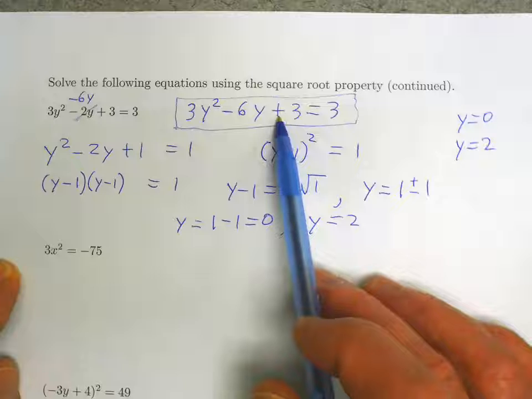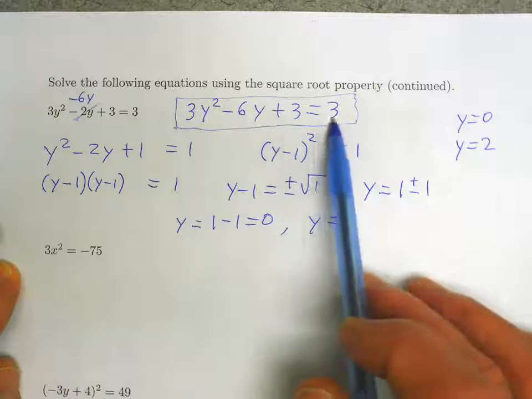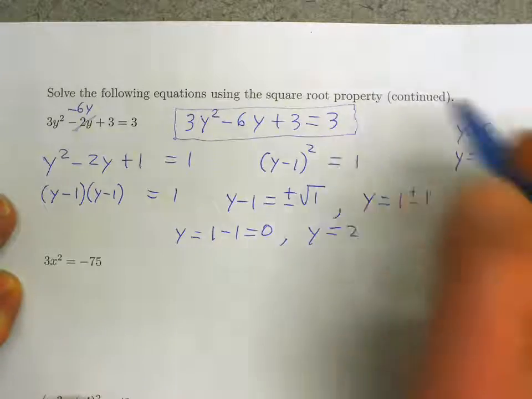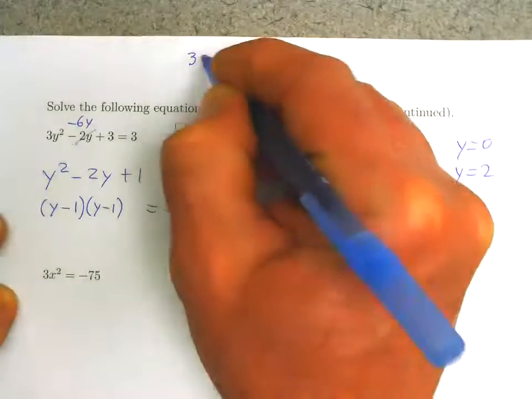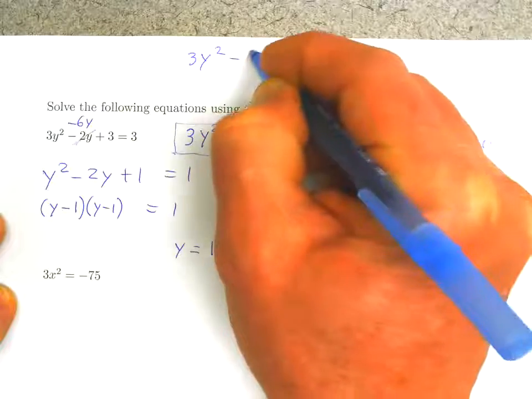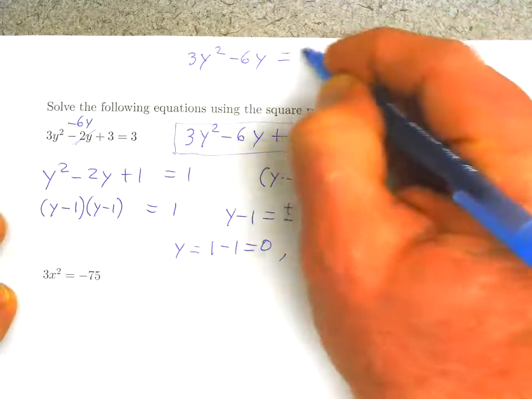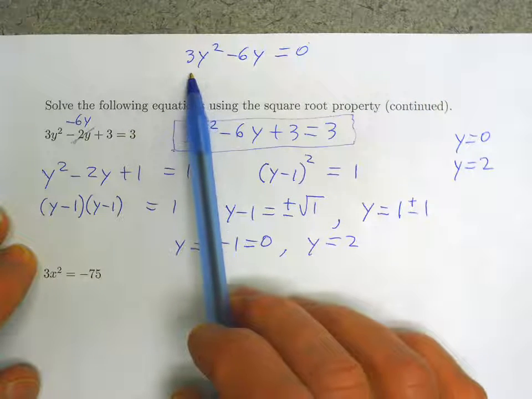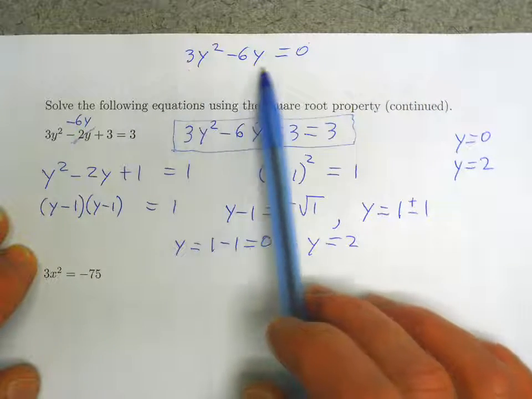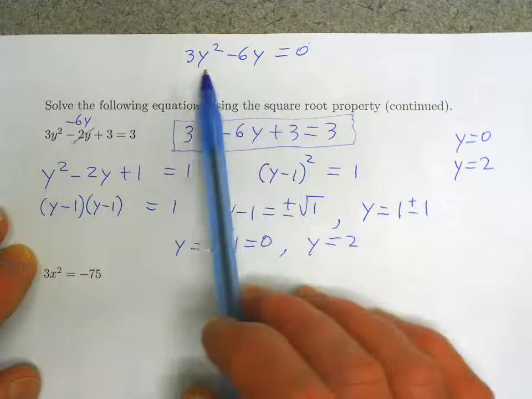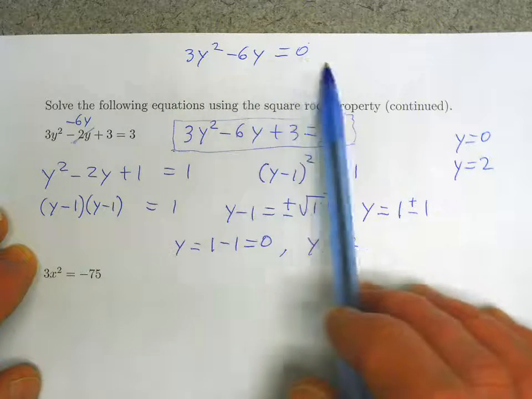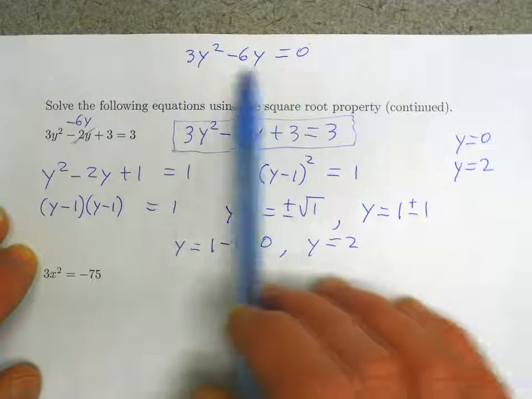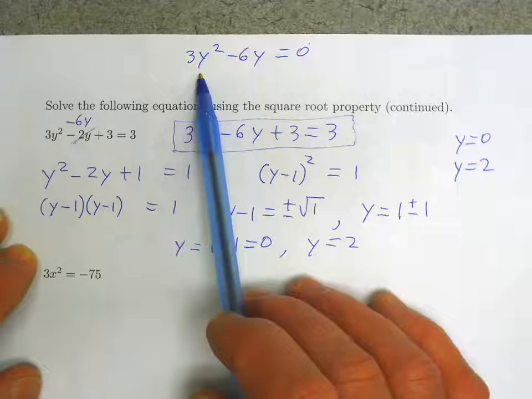So let's subtract 3 from both sides of this equation. And when you subtract 3 from both sides, you get 3y squared minus 6y equals 0. And then we can solve by factoring. We can divide every term on both sides by 3 if you want. It's not required if you're just solving by factoring.